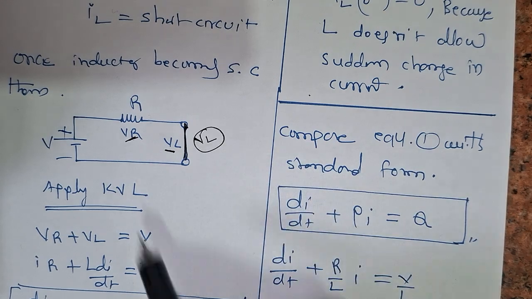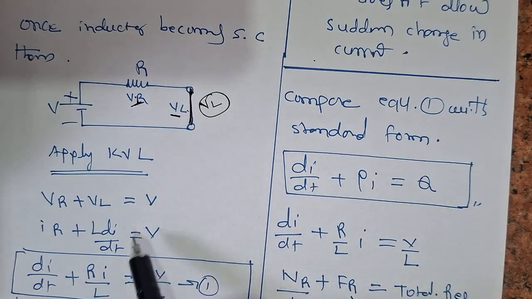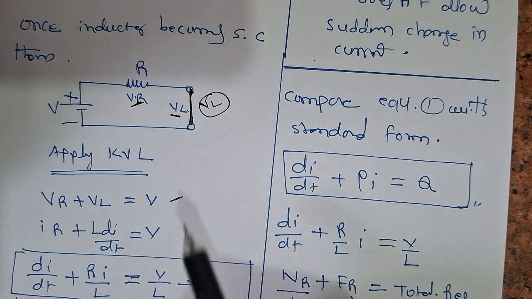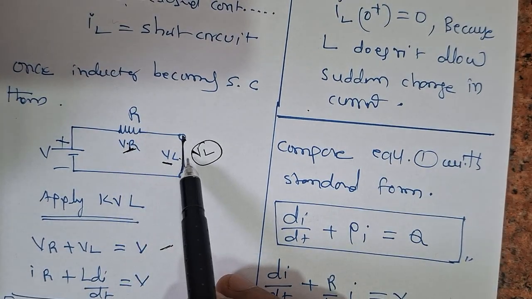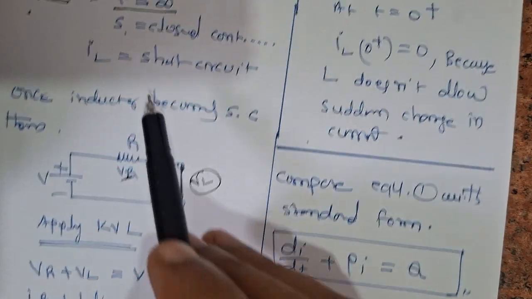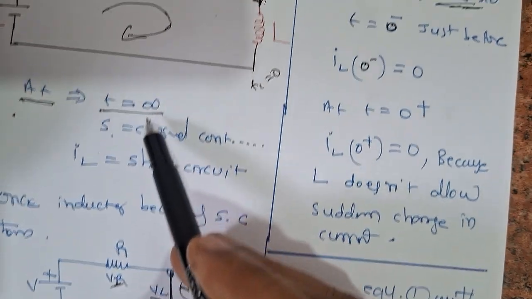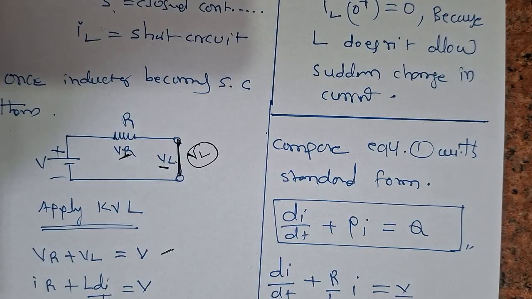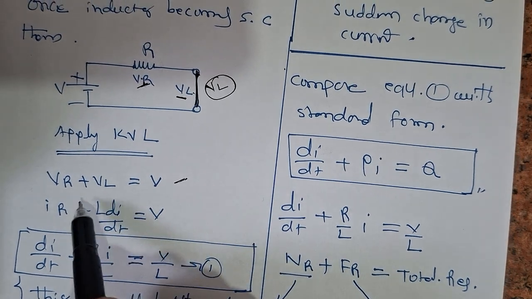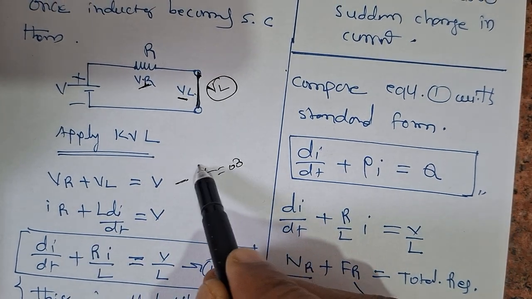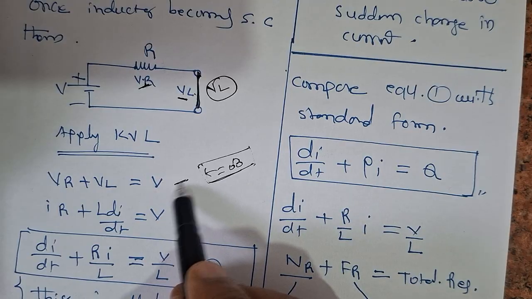When you apply Kirchhoff's voltage law, the sum of the voltage drops VR plus VL is equal to the input voltage, and we are finding the response of R and L. At t equal to infinity, we get the responses, so VR plus VL is equal to the input voltage.